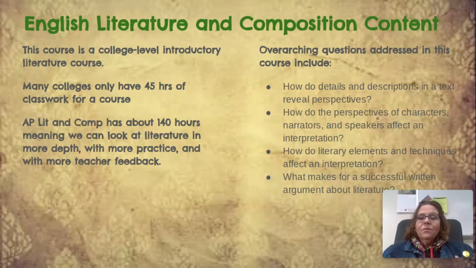How do the perspectives of characters and narrators and speakers affect our interpretation of the text as we read? As you're all aware, there are multiple interpretations for any text that we read. And I tell the students this: your interpretation of a text is your interpretation as long as you're able to back it up with evidence from the text and create commentary and a line of reasoning to support your interpretation of a text. You're good to go.